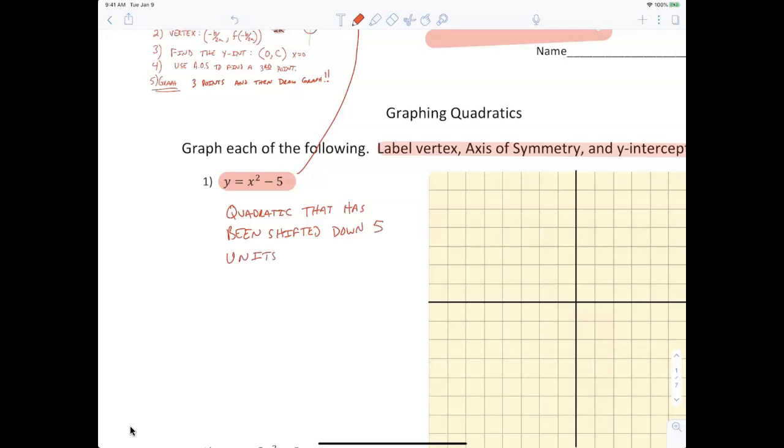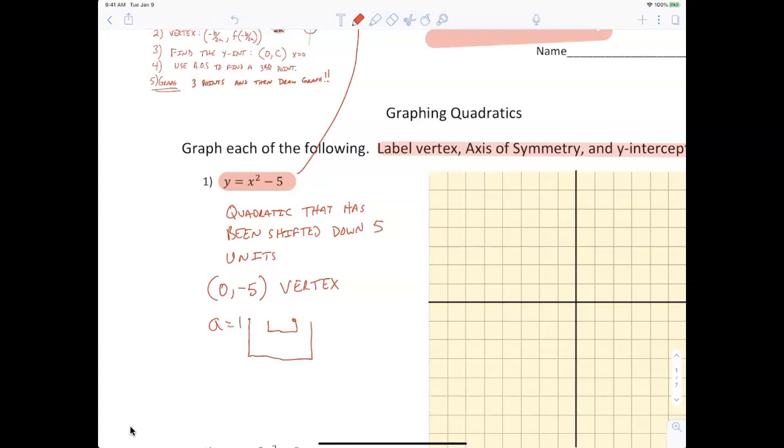If it's been shifted down 5 units, we would say that (0, -5) is the vertex. And since a equals 1, you have to go over 1 and up 1, left 1 and up 1, over 2 and up 4, left 2 and up 4. And I'm going to demonstrate that right now.